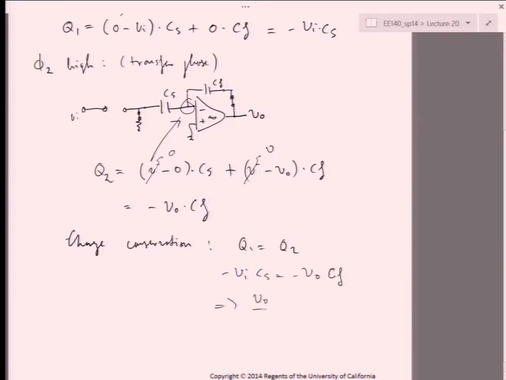So VO over VI is CS over CF. Notice we lost the minus sign. That's simply the artifact of how we connected CS after sort of when we expelled the charge through. But the ratio is still kind of proportional to CS over CF.